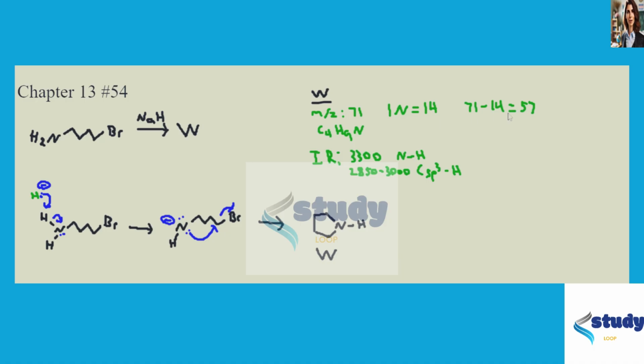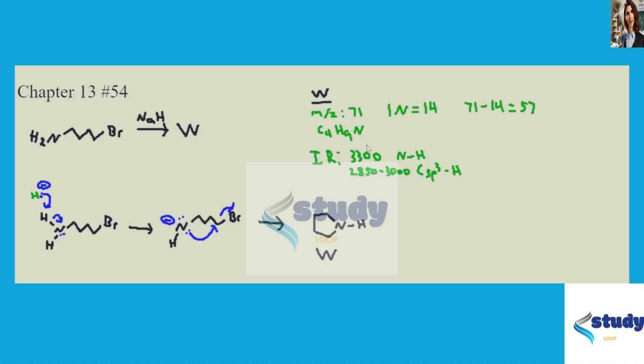The most carbons that we can have to add up to 57 without going over would be 4, which accounts for 48. And then if we fill in the remaining 9 hydrogens, it gives us a formula of C4H9N.